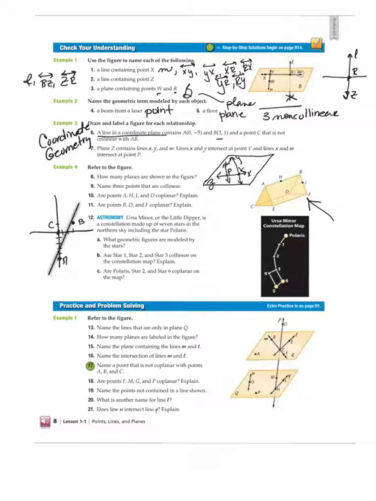Now let's just count them. We've got 1, 2, 3, and then the back is 4, and the front is 5. So we have 5 planes that are shown in that particular picture.